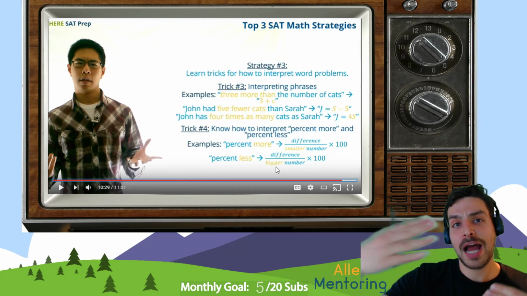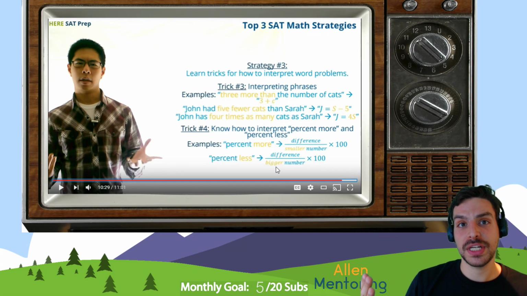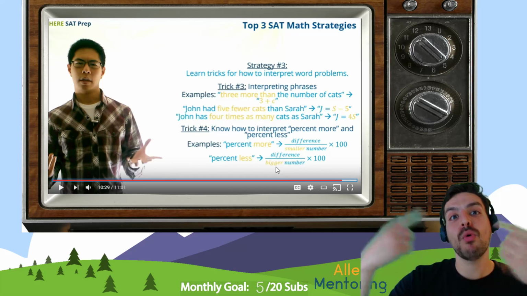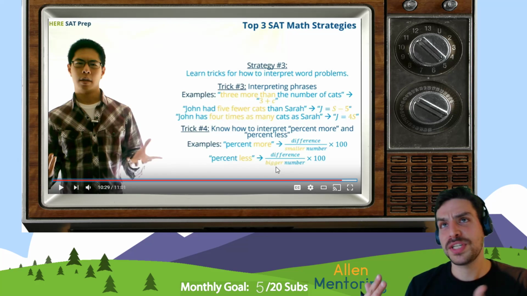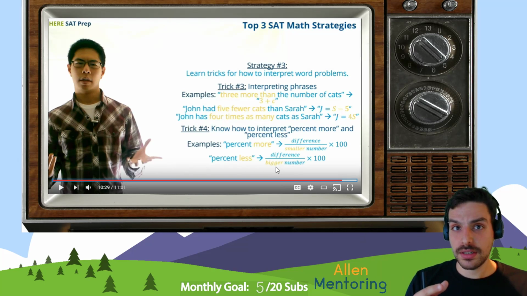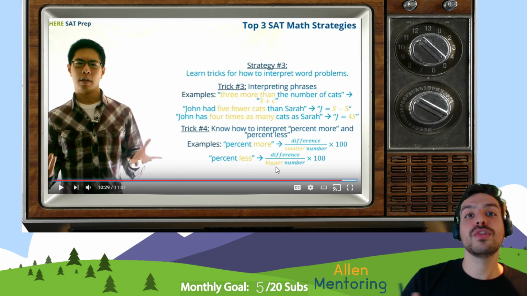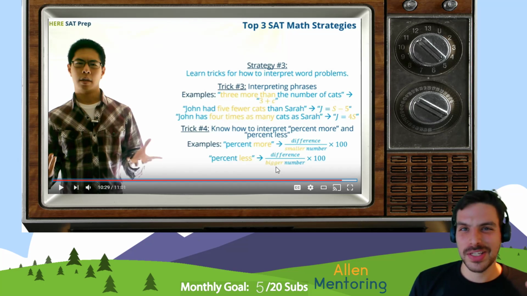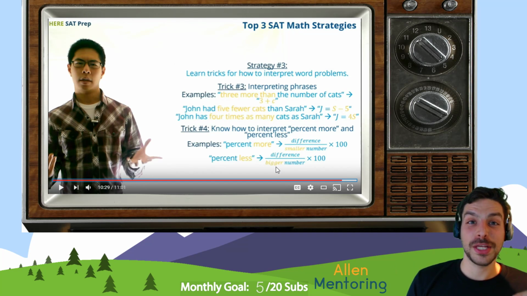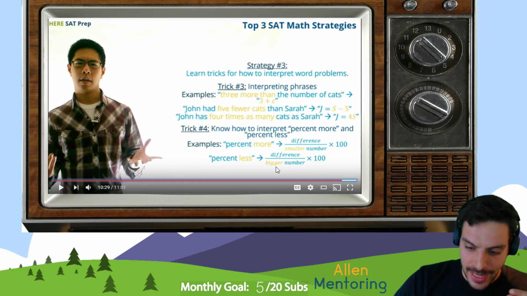How much higher percent more did it increase? You do the difference over the original. So if it's percent more, you divide by 100. If you're decreasing from 160 to 100, what percent did it decrease by? You do the difference, 160 minus 100, over the original, which would be over 160. All right, so I don't like remembering smaller or bigger. That's hard to remember. Just remember to divide by the original number. Is it going from down up or from up down?